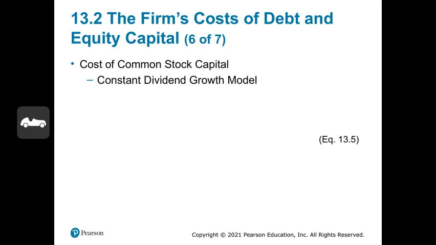R is going to be equal, and hopefully the formula is showing up on your page, to the dividend in year one, so 1 year out, divided by the current price, plus G. All this is a rearranging of the previous formula you had in the previous chapters, where you calculated the price. Right now you're using the price to calculate the R value.